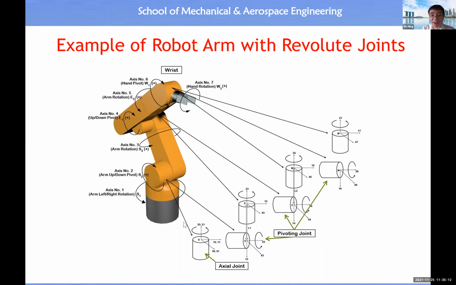For this example, we have one extra, because actually this robot has 7 axes of rotation. The convention in robotics is to use a cylinder to indicate the axis of rotation, and another convention in robotics is to use the z-axis to represent the axis of rotation.